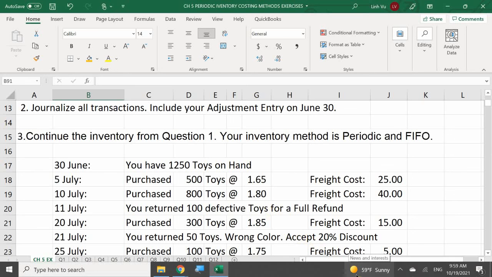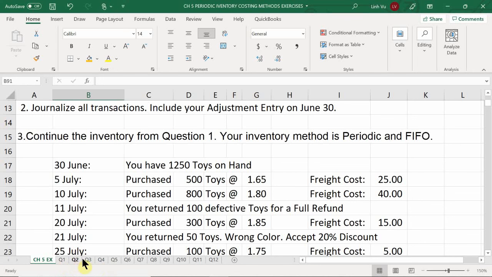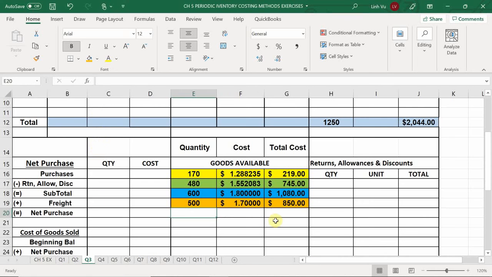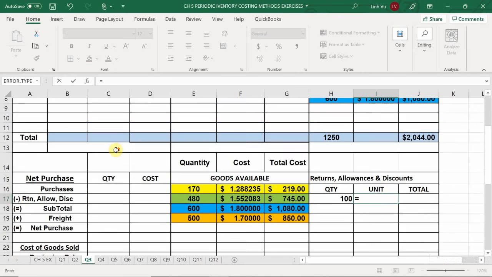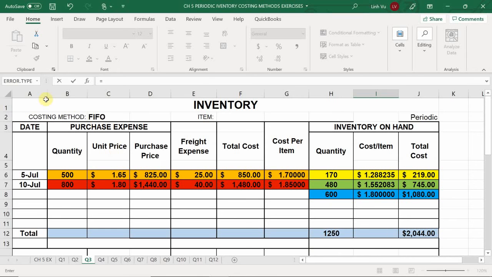So in this case, yes, I end up making a return from my red batch of inventory. And this time I returned 100 of the toys. So let's go ahead and plug that into my returns and allowances. I returned 100 toys. Now, how much did it cost me per item to return? $1.80.